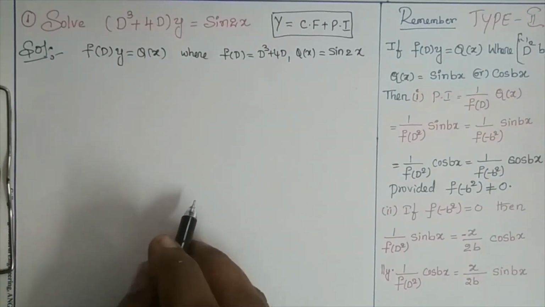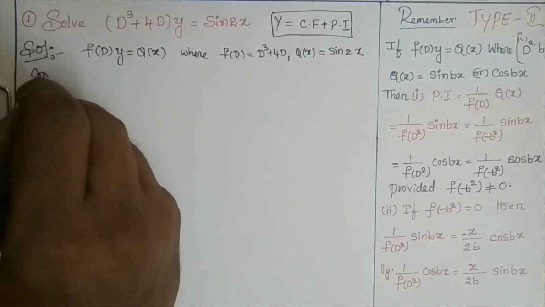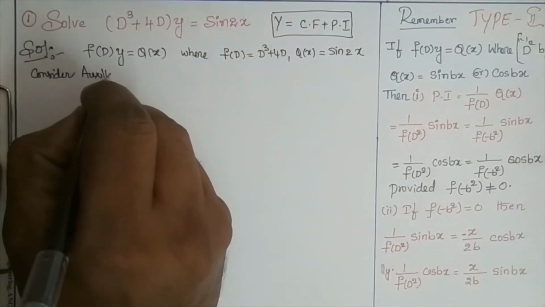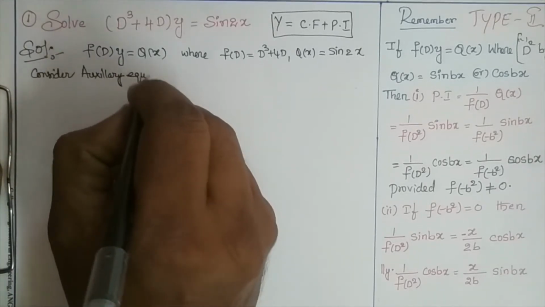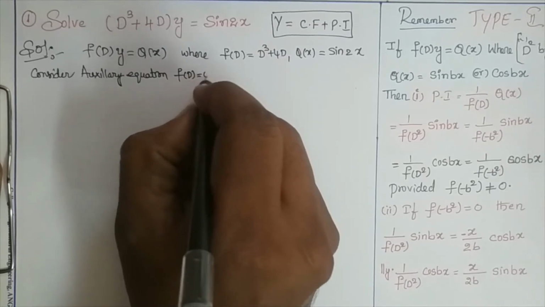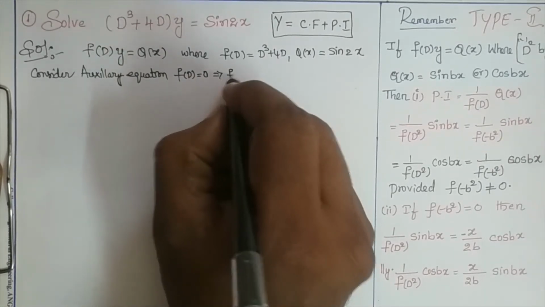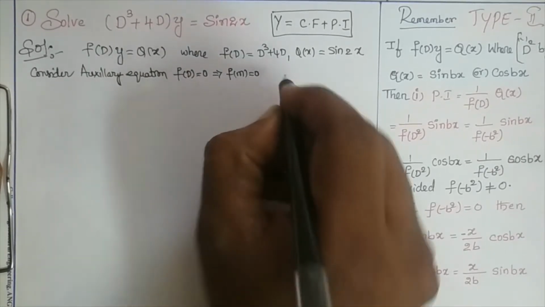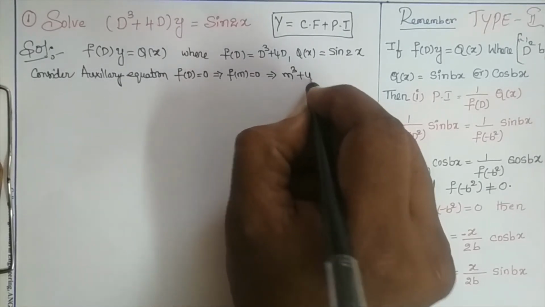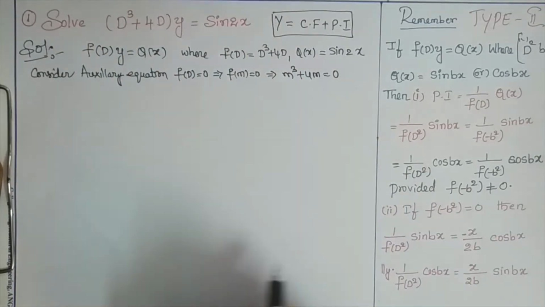To get the complementary function, consider the auxiliary equation f of D is equal to 0. For our convenience we write f of m is equal to 0, which implies m cube minus 4m is equal to 0.